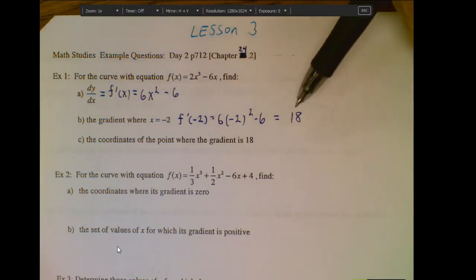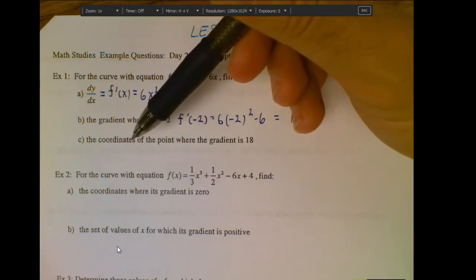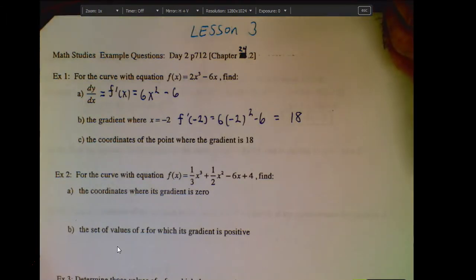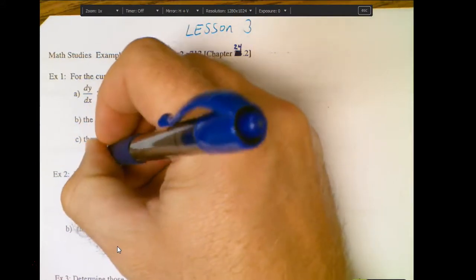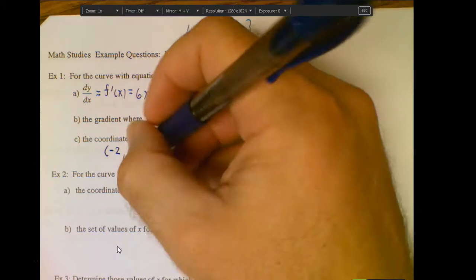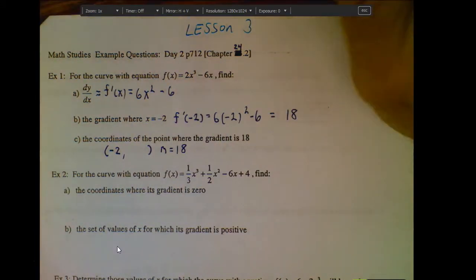We have a gradient of 18. In order to finish this off, we now need the y coordinate in order to finish off what they're asking us to do here. So far we know that we have an x coordinate of negative 2. We know the slope is 18. And one thing we don't know right now is the y coordinate.